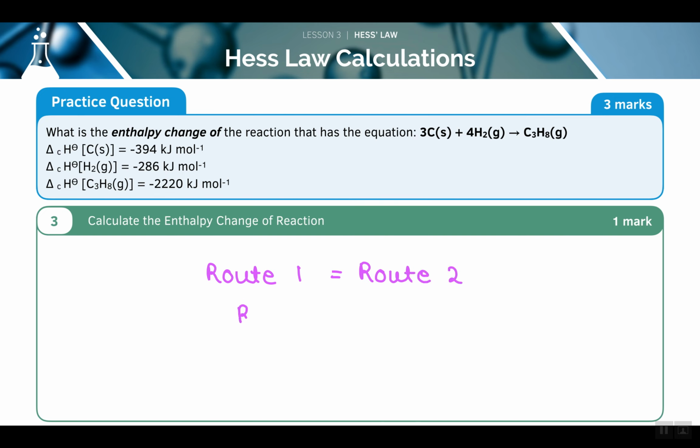We don't know what route 1 is, so we say that equals delta H. However, route 2 is going to be equal to the combustion of the reactants and the combustion of the products.